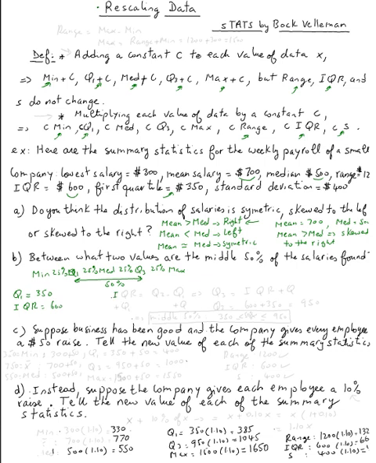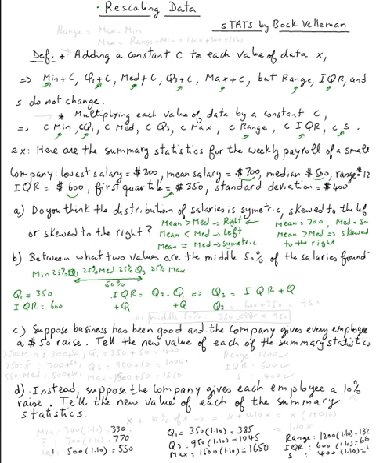But we know that the IQR is equal to Q3 minus Q1, therefore we can find Q3. Just add Q1 to both sides. You'll get IQR plus Q1 is equal to Q3. I just wrote it the other way around.